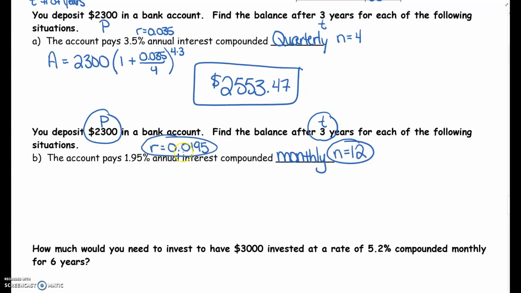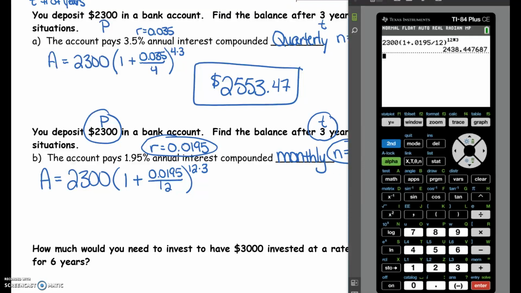First, check your interest rate. Did you use 0.0195? If it's a single digit with decimal, make sure you have 0.0 something something something. It would be 2300 parentheses 1 plus 0.0195 divided by 12 raised to the 12 times 3. Did you put everything in correctly? Check to make sure you put it in the right spot. Now practice putting it in your calculator, see if you get the same answer I do.